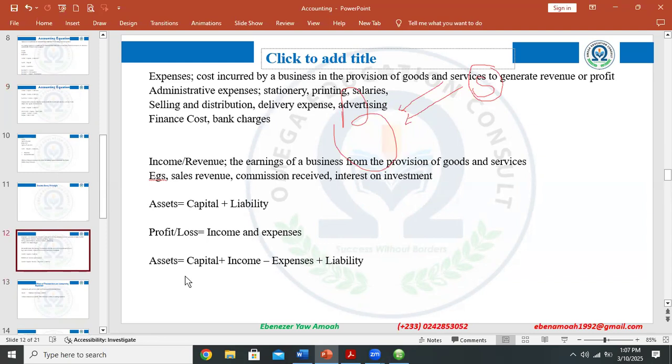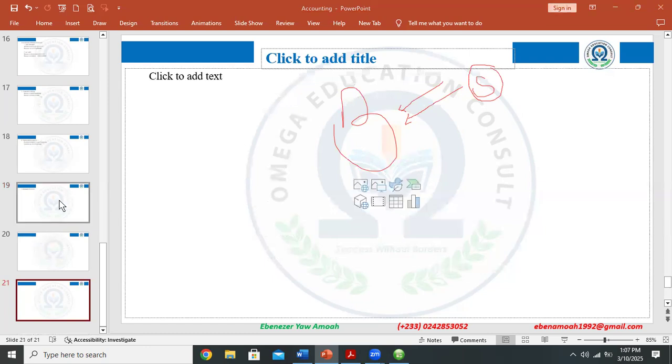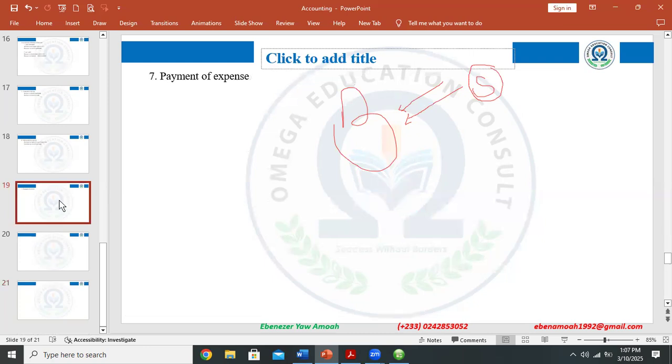So anytime expenses come in the picture, you know that the net effect goes on to capital. Now, having said that, I think you all got one effect correct, that there will be decrease in asset because we are making a payment for an expense. So the business is going to use money to pay for that expense, be it rent, wages, or whatever. So there will be decrease in asset, cash, or bank. But then the other effect will be on capital. And the question is, would it increase capital or decrease capital?